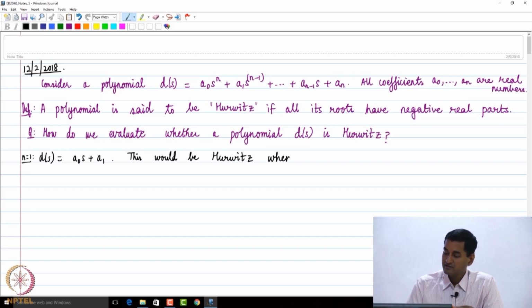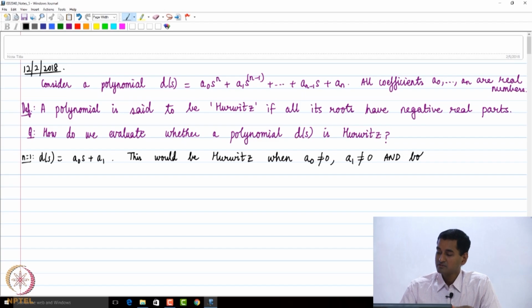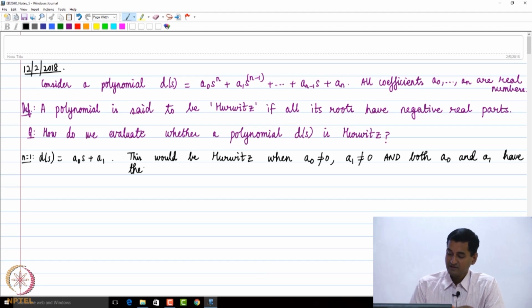when a0 is not equal to 0, a1 is not equal to 0, and both a0 and a1 have the same sign, right? So they can both be positive or both be negative.